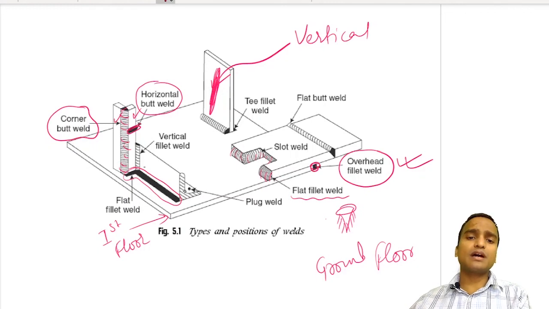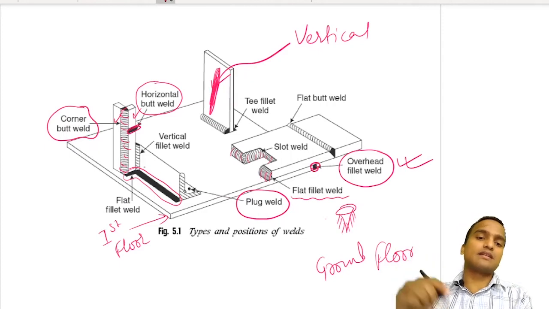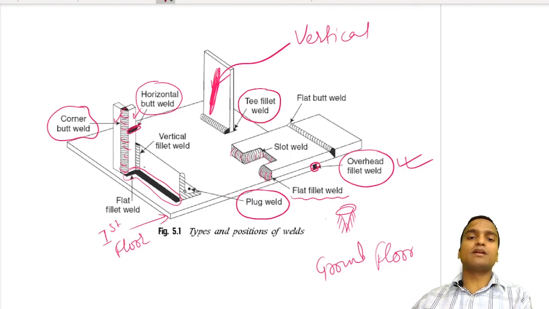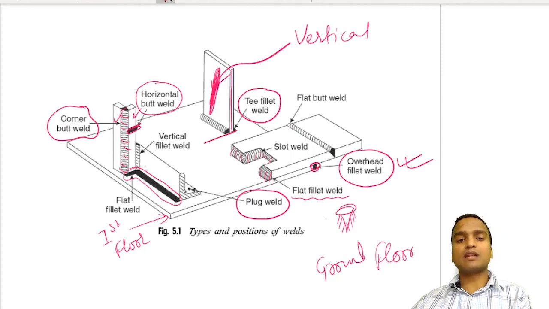Now there are also plug welds shown. Plug weld is simply a hole being made and weld is done in that hole. And this is a diagram of T fillet weld also. Here you can see this vertical metal piece is forming a T-shaped structure with the base slab, and the welding which is done here, you are seeing this welding here and on the other side also, that is the T fillet weld.